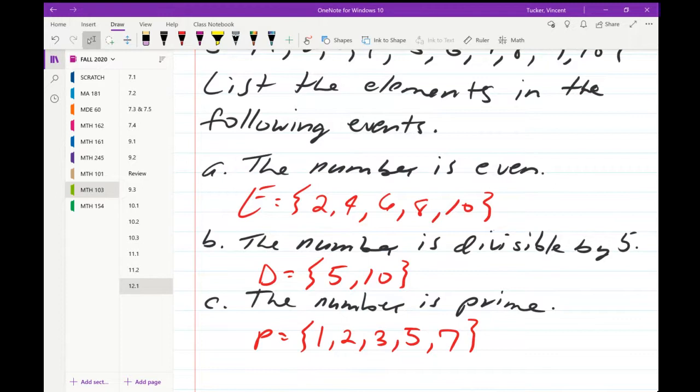Questions before we go to the next one? As a matter of fact, that's right. 1 isn't considered prime, so it should just be 2, 3, 5, 7.